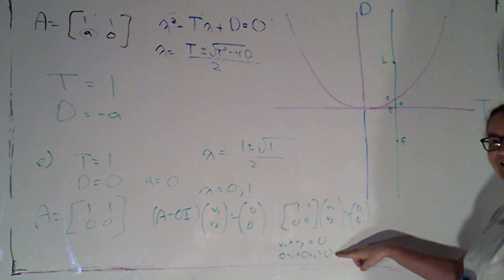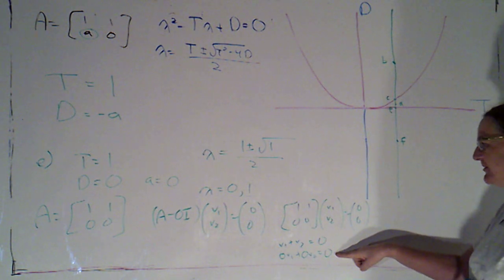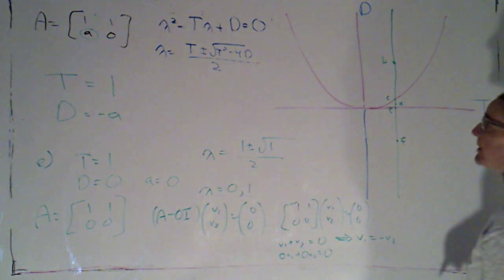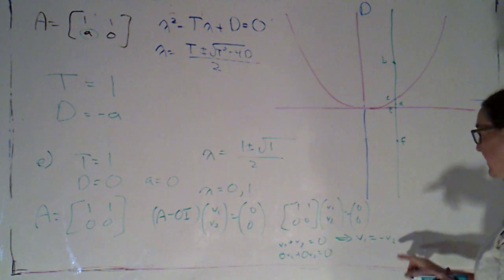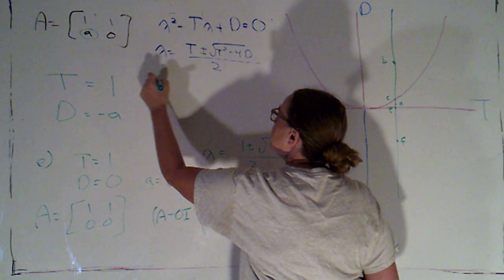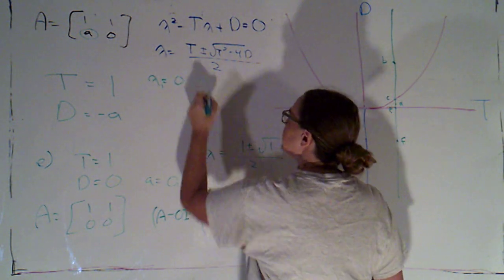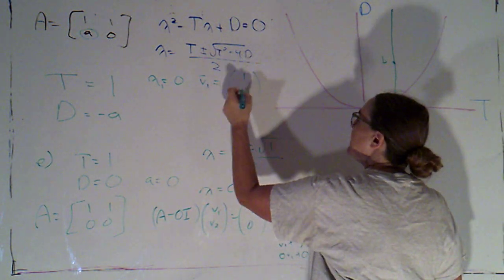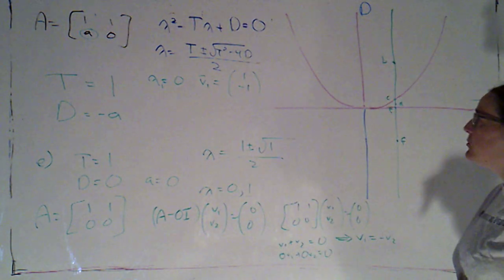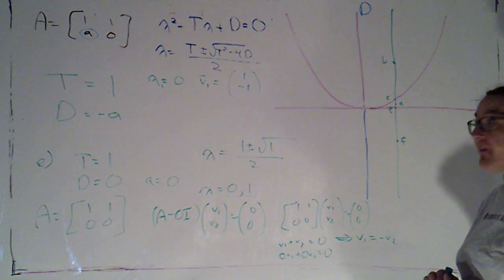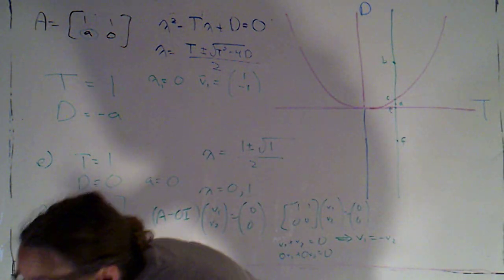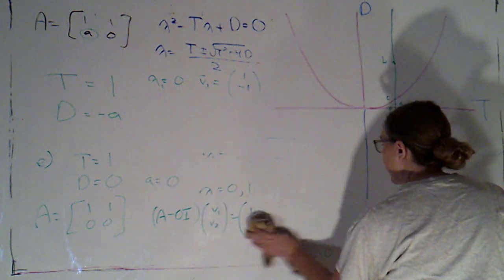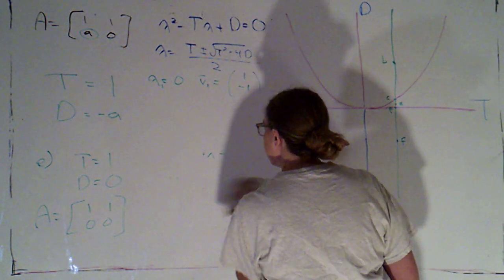Now obviously that second equation is satisfied by all V1 and V2, so this is just telling me that V1 is the opposite of V2. So for lambda 1 equals 0, I'm just going to choose V1 to be 1, and that'll make V2 negative 1. So I found a specific eigenvector for that eigenvalue. Let's do the same thing for our second eigenvalue, which we said was 1.